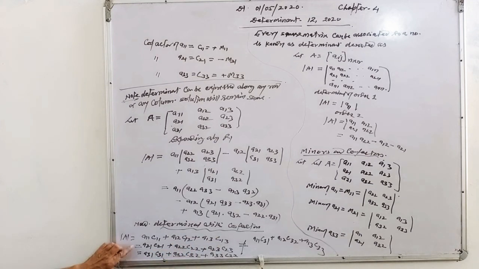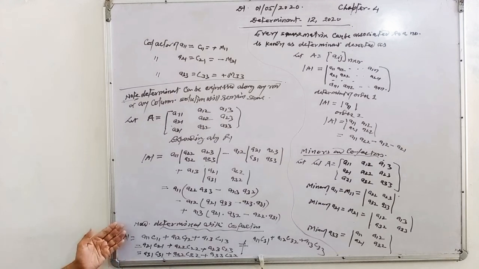This result is equal to expanding along R2: a21 C21, a22 C22, a23 C23, or along R3 similarly.